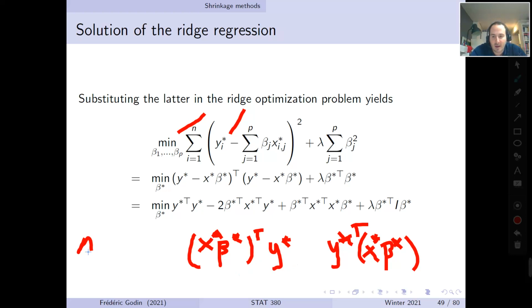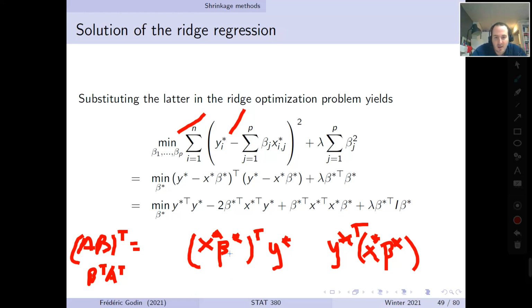And recall that AB transpose is equal to B transpose A transpose, in general for any matrices A and B where the product is well defined.